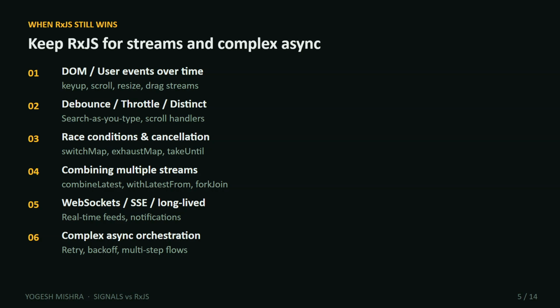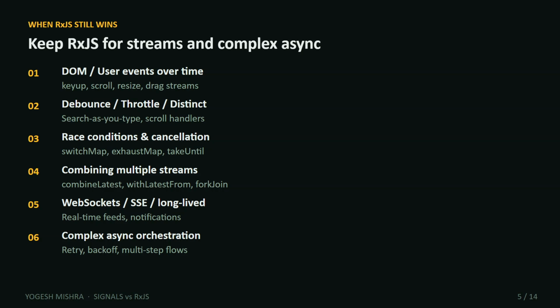Now let's look at when RxJS is still the better choice. Use RxJS when you have events that happen over time, such as keyup, scroll, or drag events. It is also the right tool when you need debounce, throttle, or distinctUntilChanged, which is very common in search-as-you-type features. Whenever you need to handle race conditions, operators like switchMap and exhaustMap make RxJS shine.